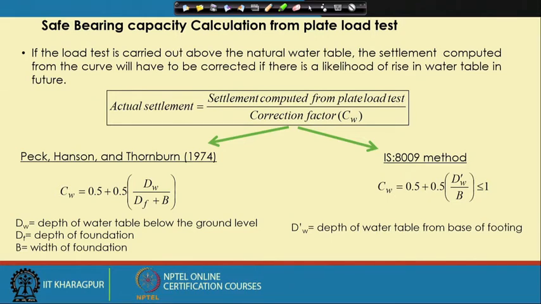Now, the actual settlement of a foundation will be the settlement that we are getting from the plate load test divided by the correction factor. Remember that when we are applying the correction factor for the bearing capacity, we are multiplying that correction factor with the bearing capacity, because water will always create a negative effect.